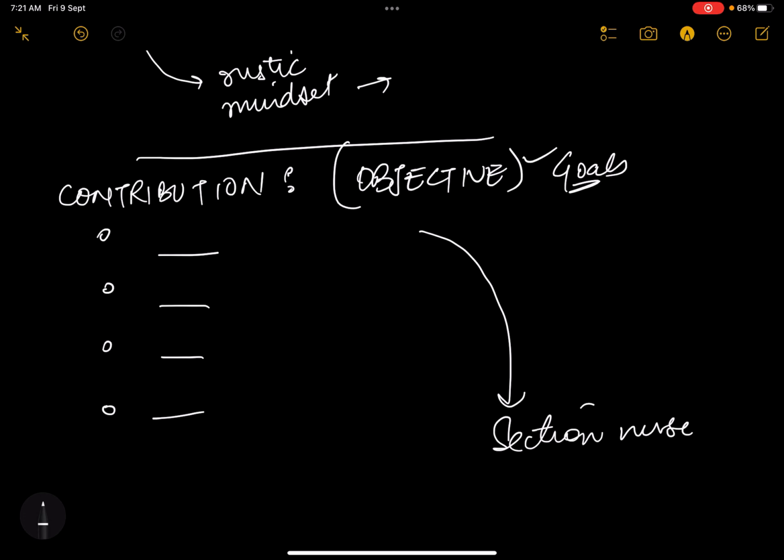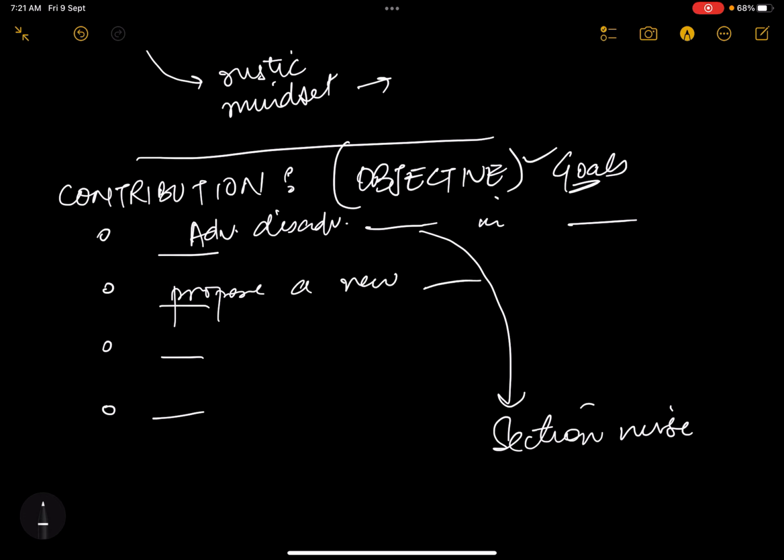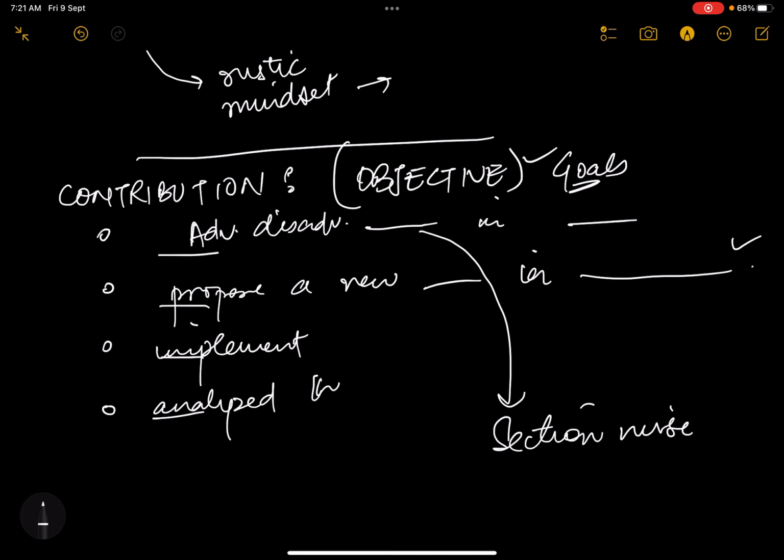You start answering them. For example, you're writing that I'm comparing advantages and disadvantages of so and so technology in so and so area. Then I am proposing a new something for a particular area or technology. Then you're saying that I have implemented it, and then that I have analyzed the results, right?